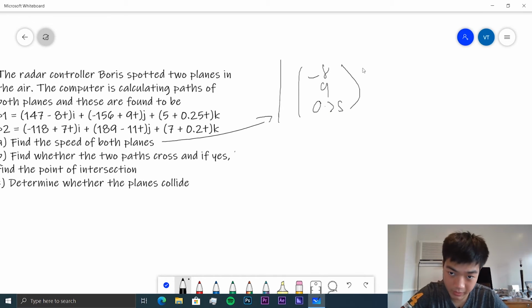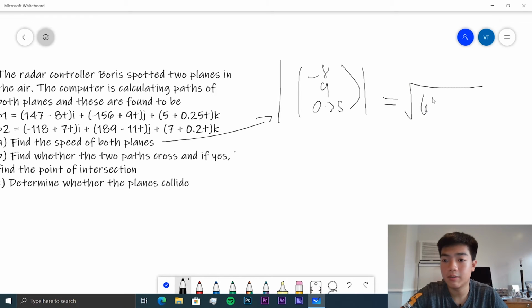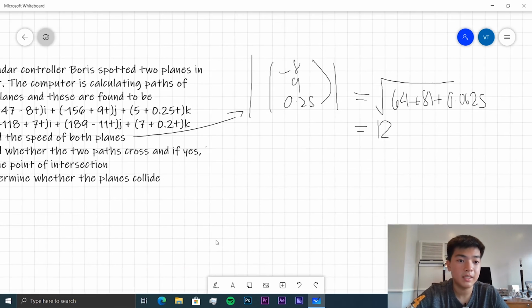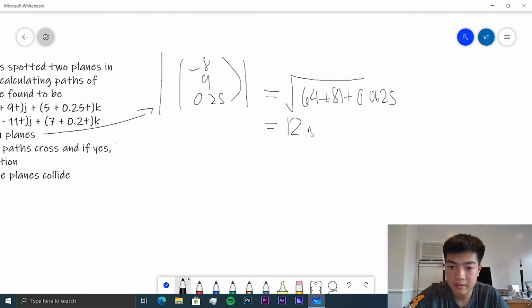So we can get the magnitude of this vector, which is equal to the square root of 64 plus 81 plus 0.25 squared, 0.0625. Square root this, it's equal to around 12. I'm going to assume this is in meters per second, but they don't really give units.